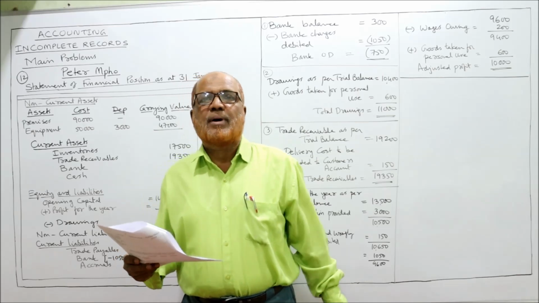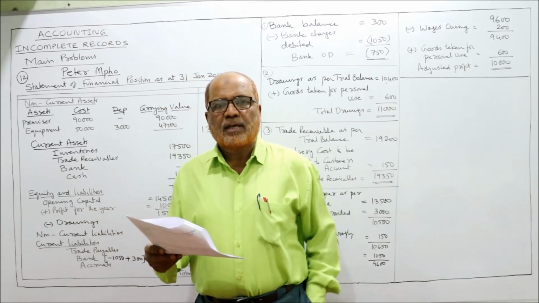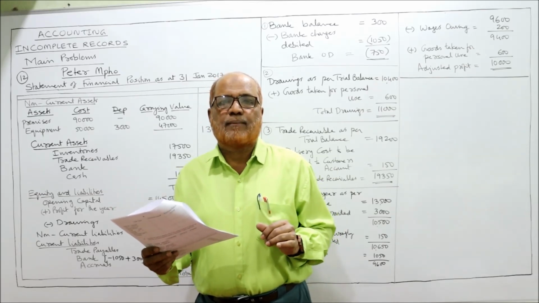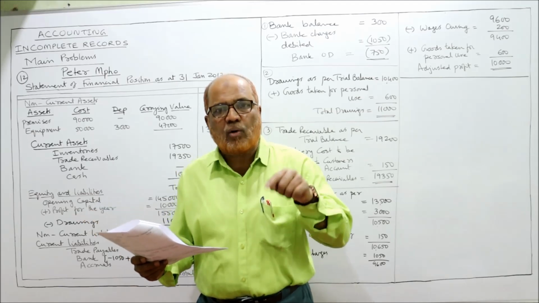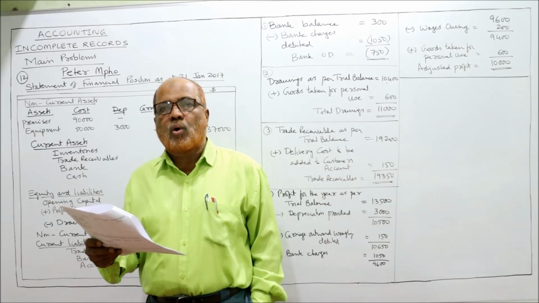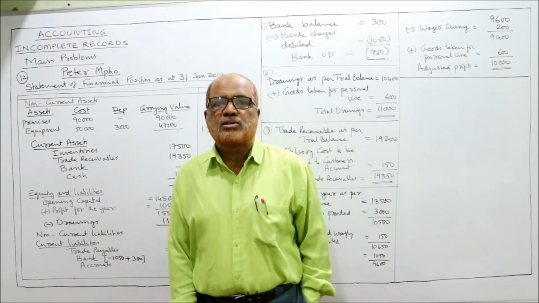On the next page you can see some adjustments are given. The following matters were then discovered. That means after calculating the profit, there were some adjustments which were not made. Now we have to make the adjustment. No adjustment had been made for wages owing at 31st Jan 2017 amounting to $200.